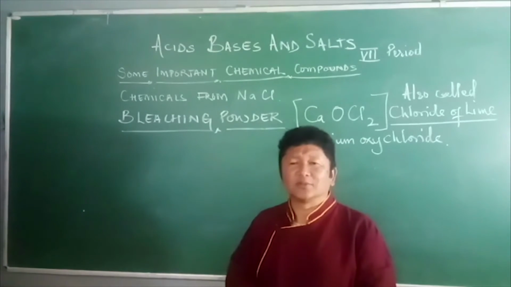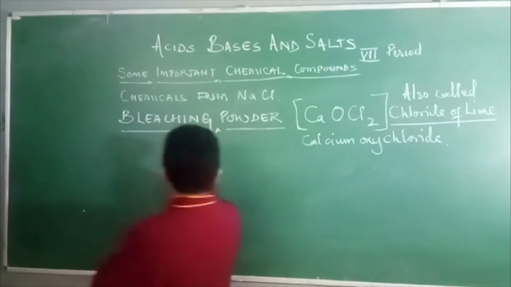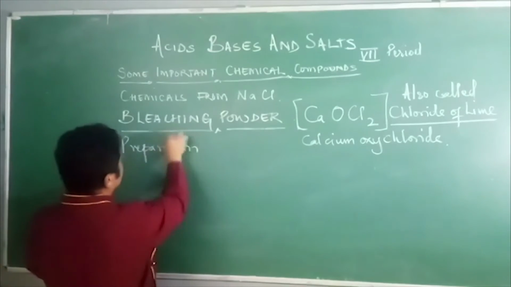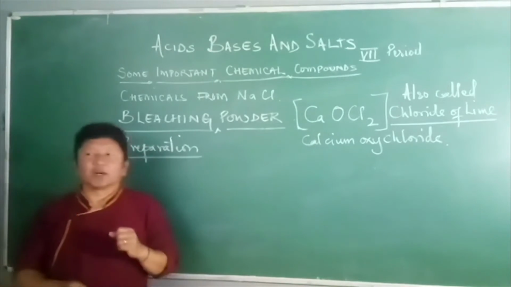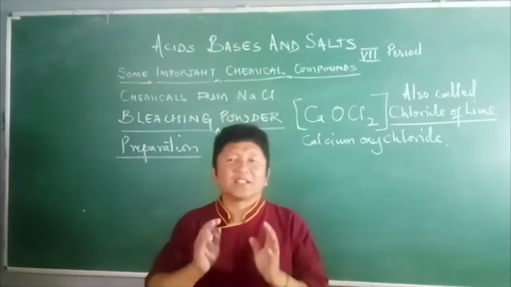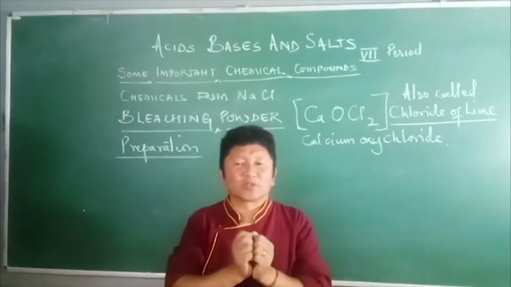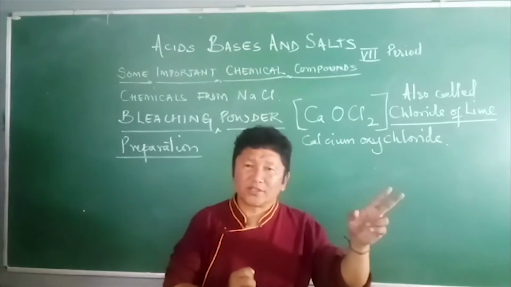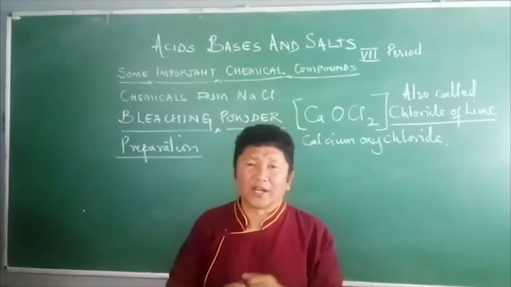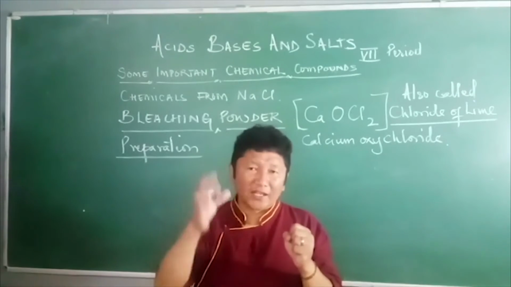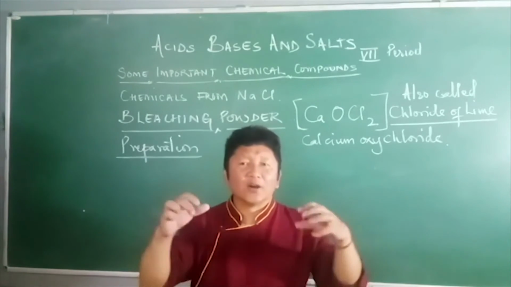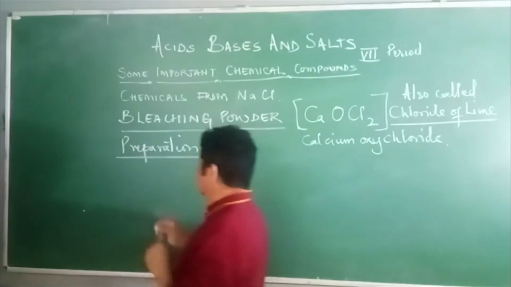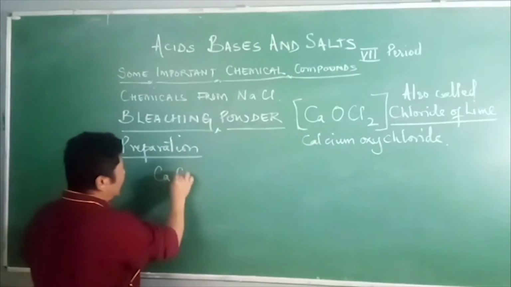The preparation of the bleaching powder: it is prepared from calcium hydroxide and chlorine gas, which we obtain from the chloroalkali process.